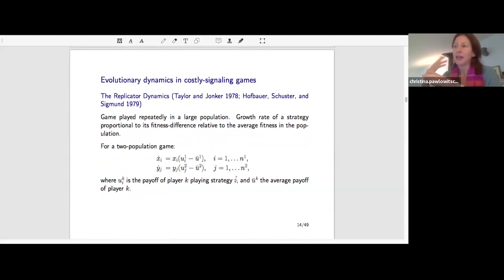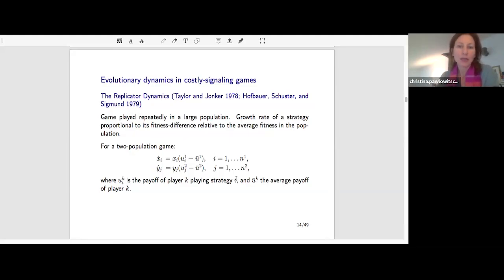And as you remember, our game is, we have a 4x4 payoff matrix. So we have two populations, and each population has a priori, when we look at this game in the matrix form, every population has 4 strategies.